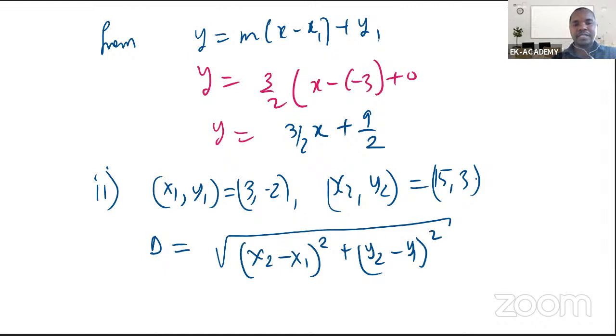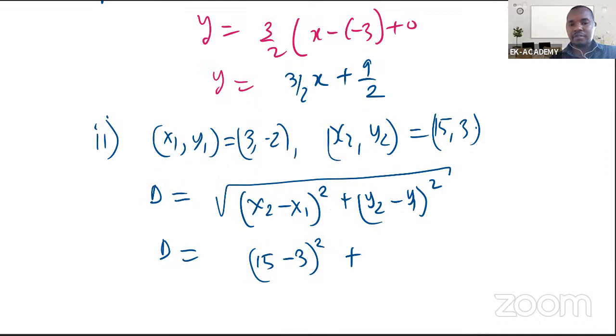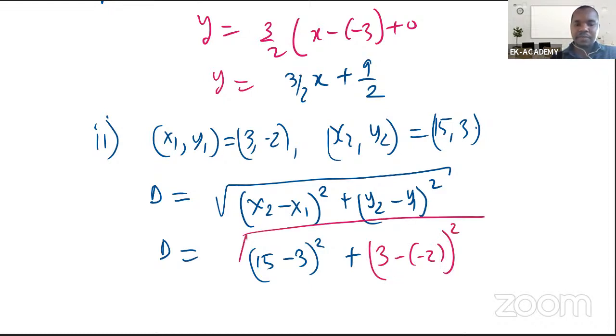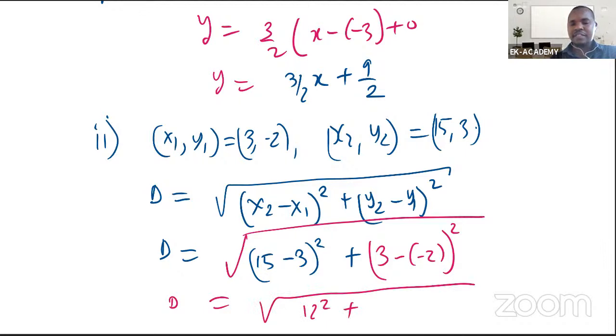So distance will be the square root of (15 - 3) squared plus (3 - -2) squared. So distance will be the square root of 12 squared plus 5 squared.